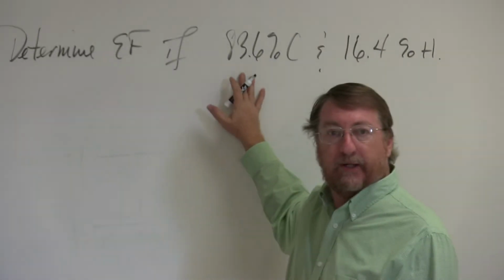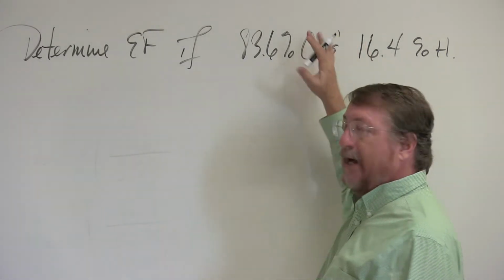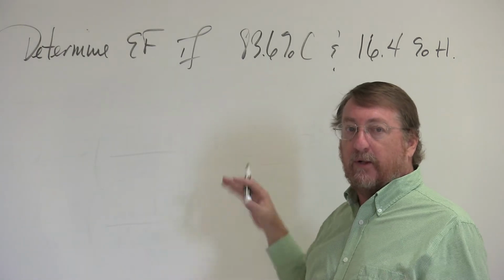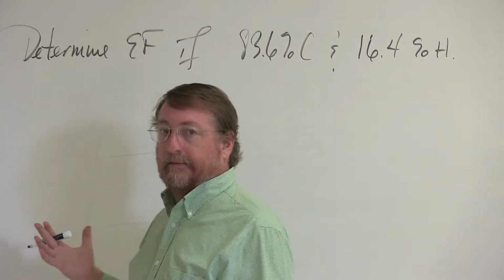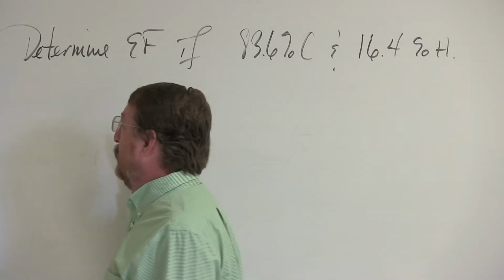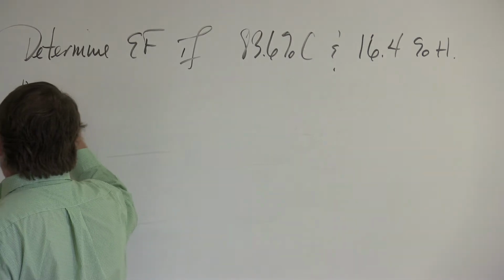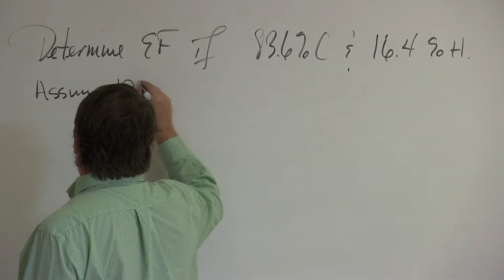So there's our two. Obviously, if only one percentage was given, if it's a binary compound, then you just subtract from 100 and get the other percentage. So you might see problems where only one's given. That's fine. Again, we're going to assume a 100 gram sample, not 10 grams, 100 grams.